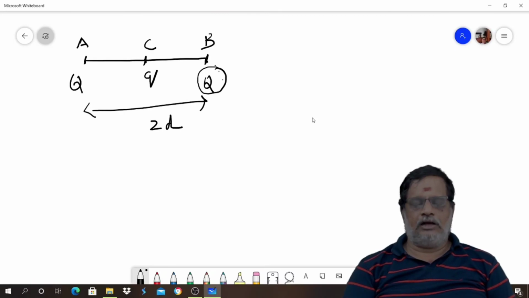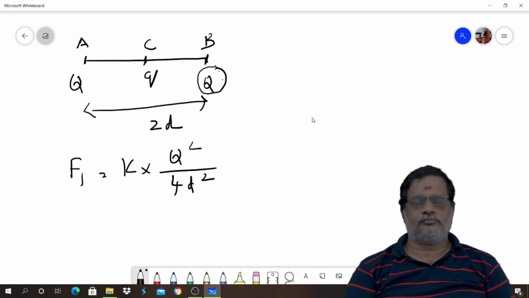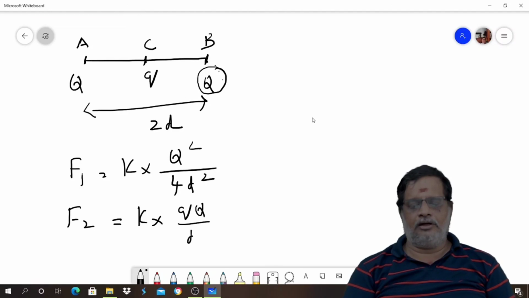So let us first calculate the force between the charges q and q placed at A and B. So F1 is equal to k into q square by 2d the whole square, which is 4d square. Now let us calculate the force on the same charge q at B due to the charge small q at C. It is k into q by d square.